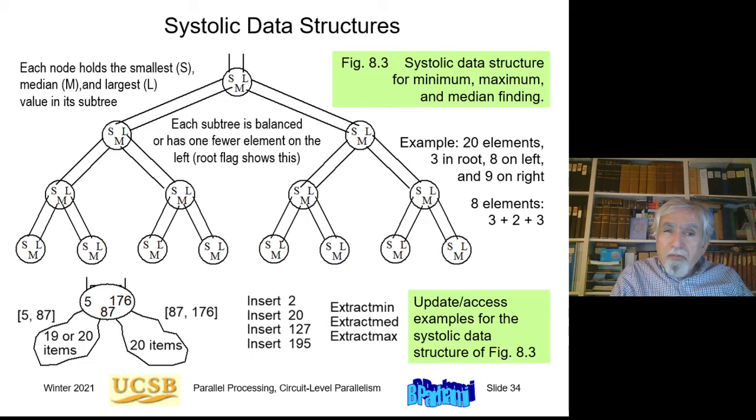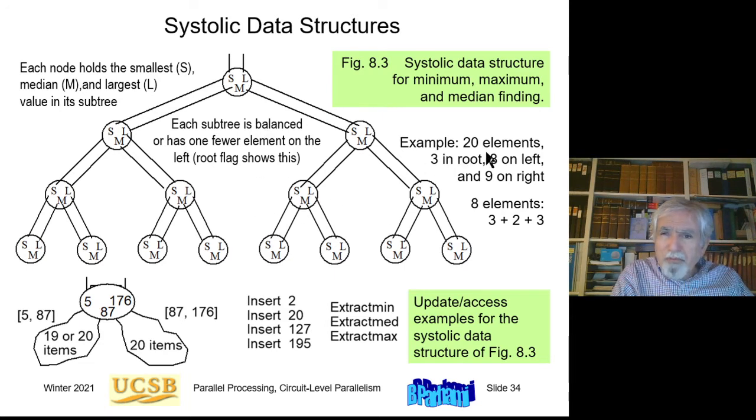Of course, we cannot balance the tree if the total number of elements in the two subtrees is odd, in which case we agree to put one fewer element in the left subtree compared with the right subtree.